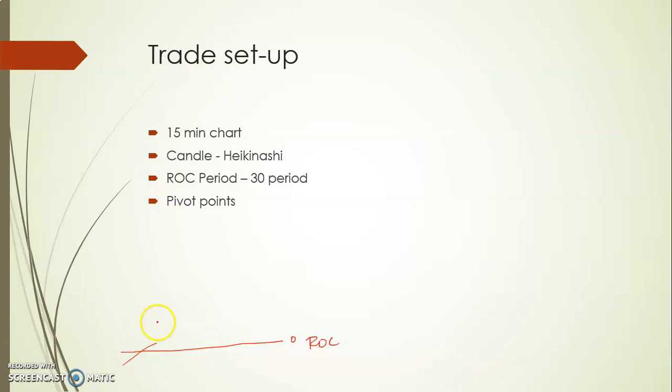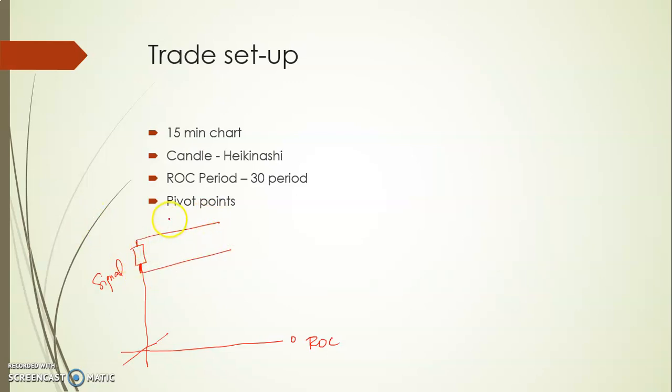Here the ROC crosses above zero, so the respective candle is called the signal candle. The signal candle will have its respective high and low.